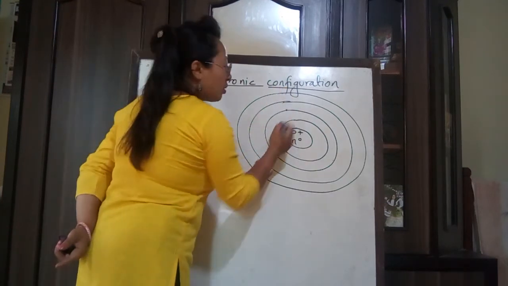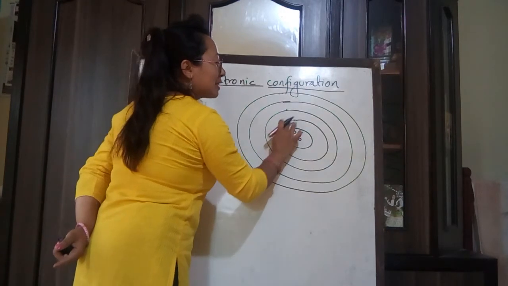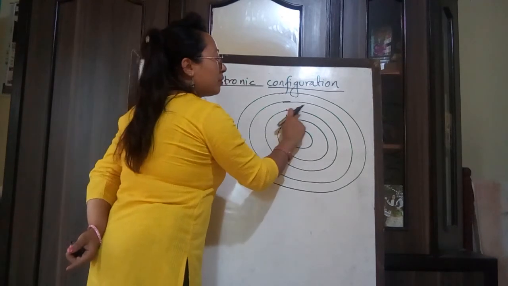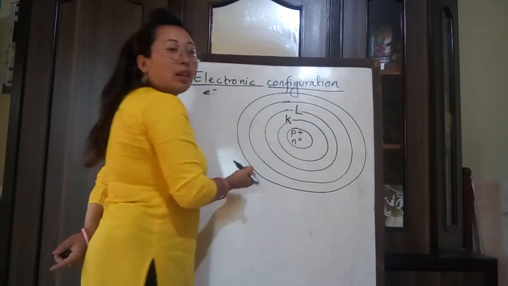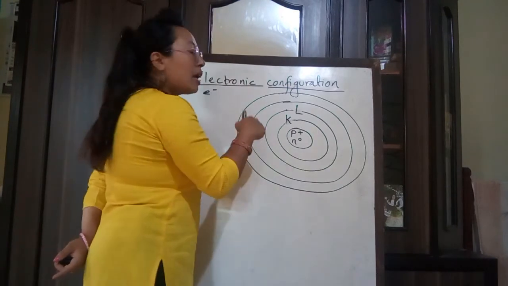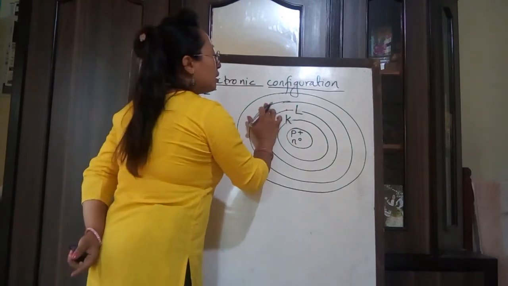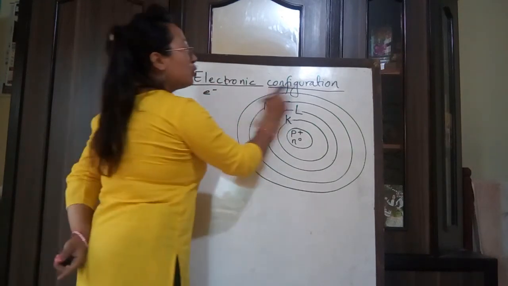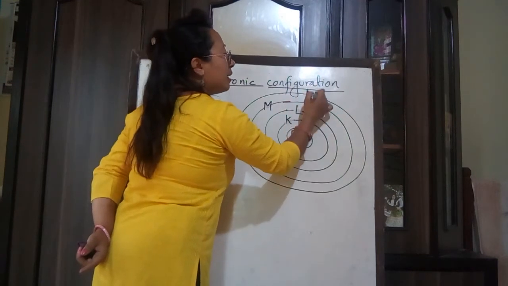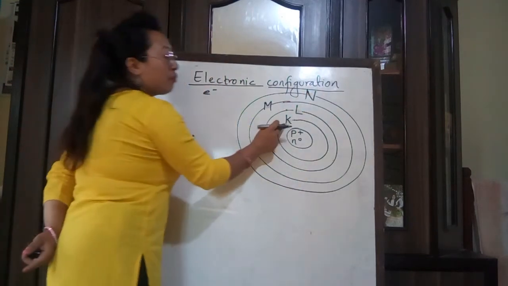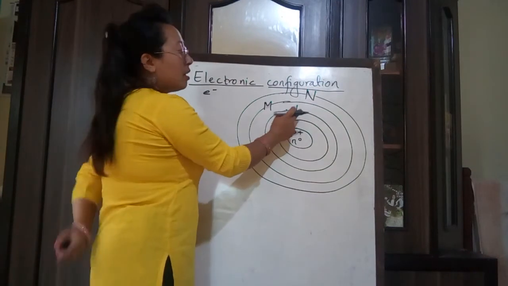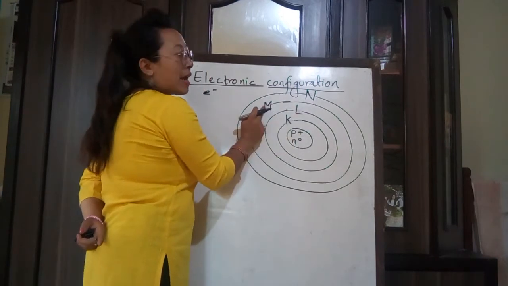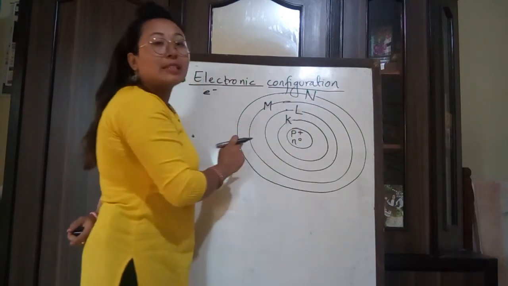And this first orbit is also known as the K shell. I will write over here, K shell. The second orbit is known as the L shell or the L orbit. The third one is known as the M shell. The fourth one is known as the N shell. Okay, first one is the K shell, second is the L, third is the M shell, and fourth is the N shell.